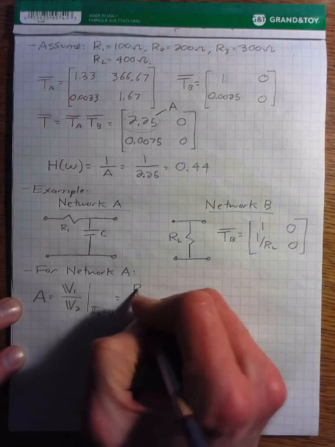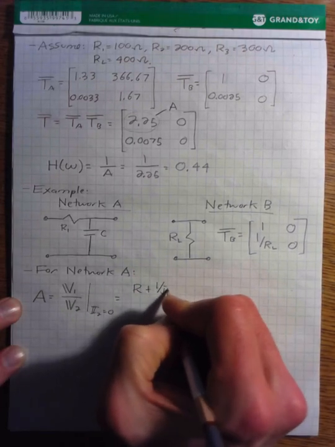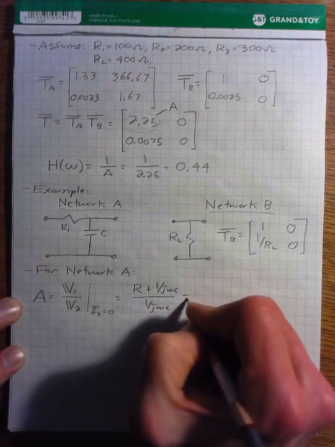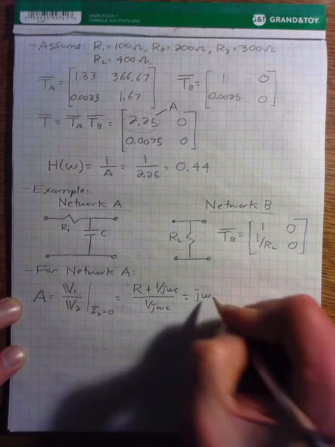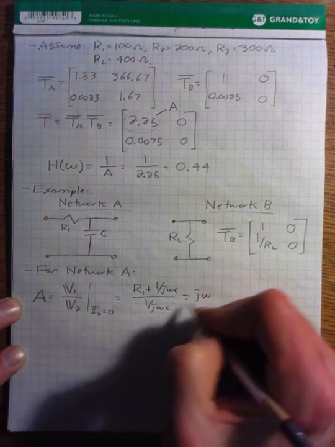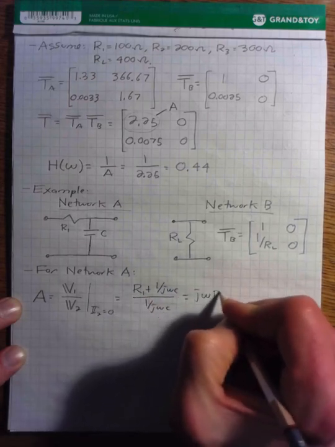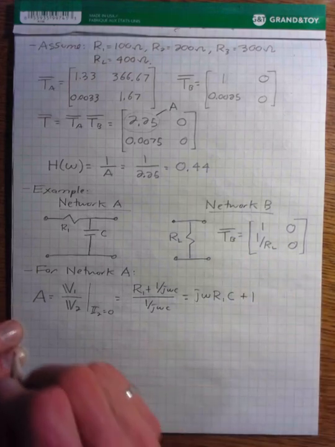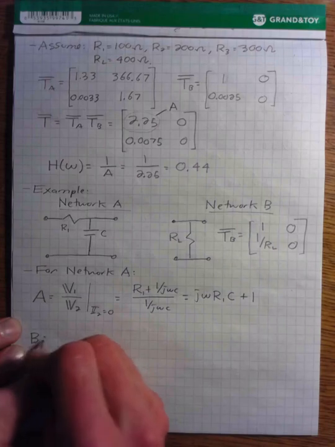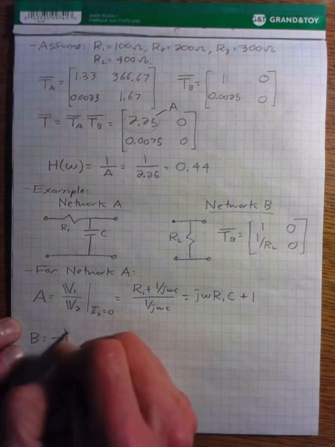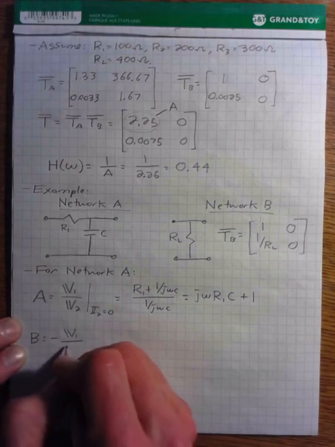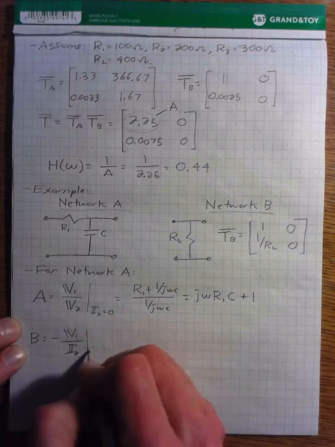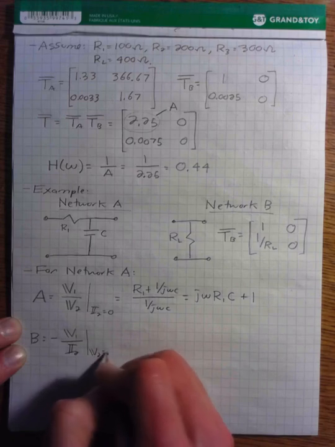So it's R plus 1 over j omega C, divided by 1 over j omega C, or j omega R1 C plus 1. B is equal to minus V1 divided by I2, assuming that we've short-circuited the output.